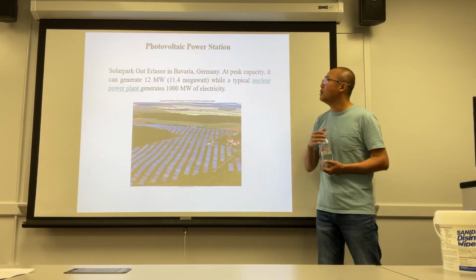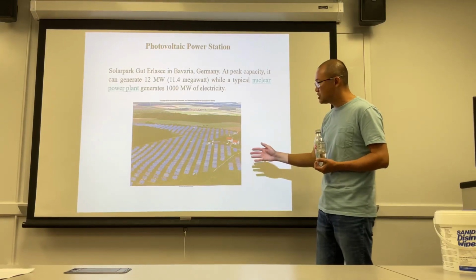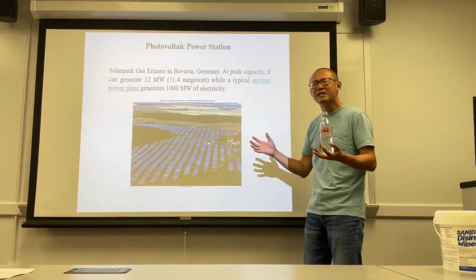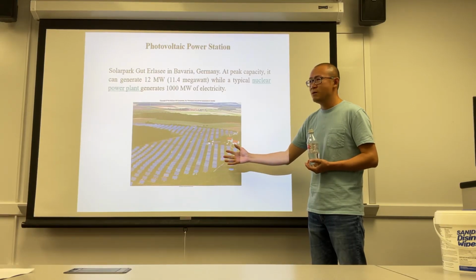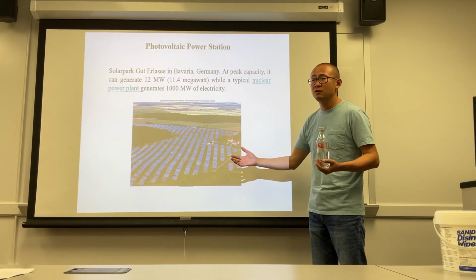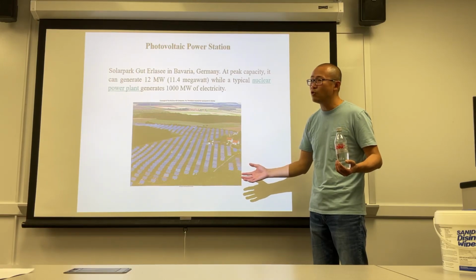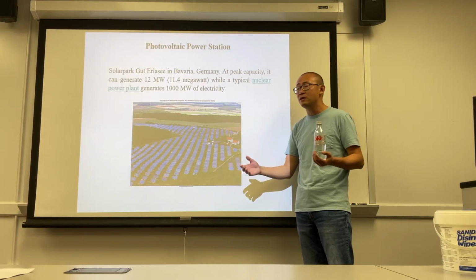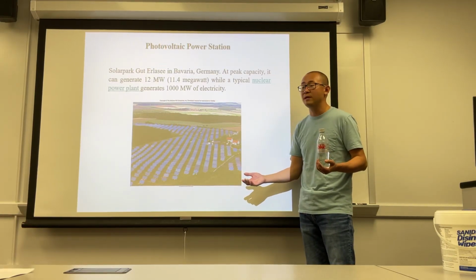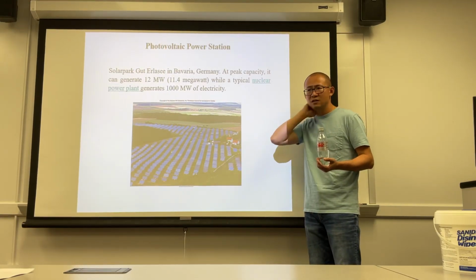But again, solar power stations are still in small scale. Most times they may provide electricity to a village, to a city, to a small town, or a lot of times I think what I'm seeing here is they might provide electricity for a factory, for a company. Have you guys driven to the east? I think I forgot.